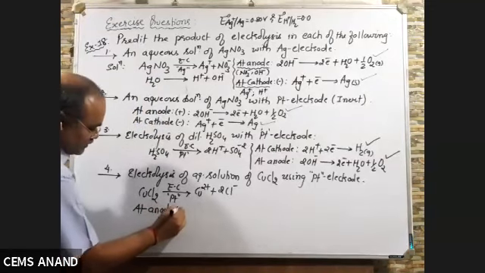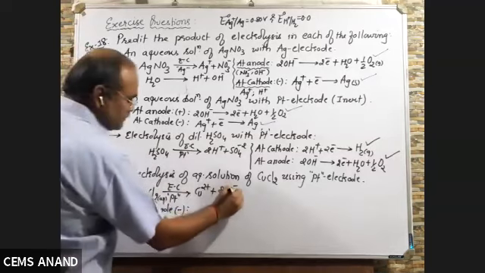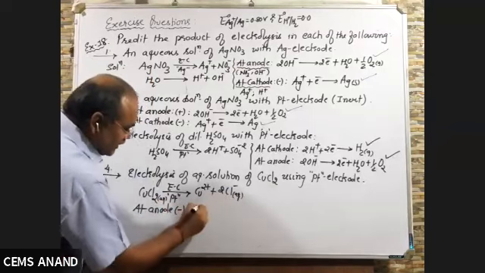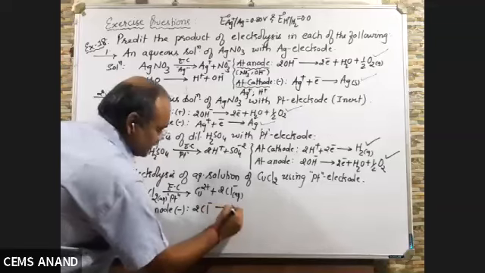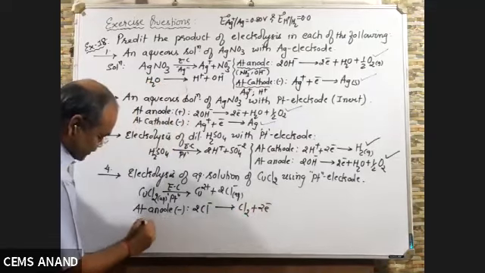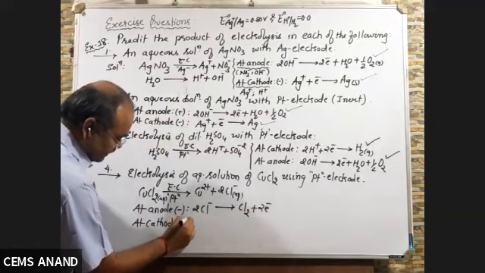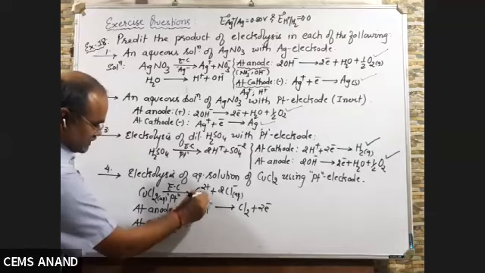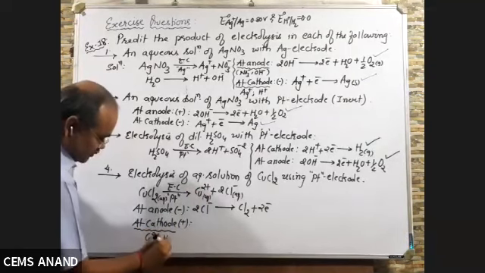At anode, negative sign. Actually it is aqueous solution. Right? But here chlorine will undergo reduction. Sorry, oxidation. 2Cl minus will give you Cl2 plus 2 electron. And at cathode, plus sign. At cathode, who will be attracted? If it is aqueous, Cu2 plus and H plus.